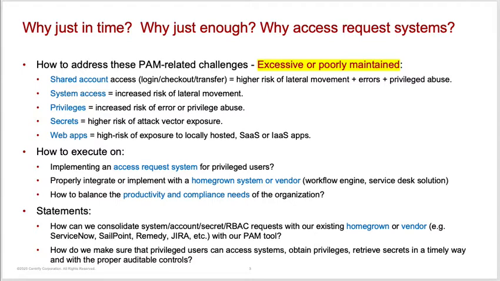Same for system access. The more people have access to your systems, in the case of a compromised credential, there's an increased risk of lateral movement. Privileges, same issue: increased risk of error and privilege abuse.